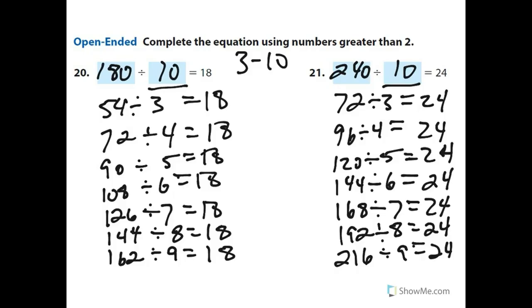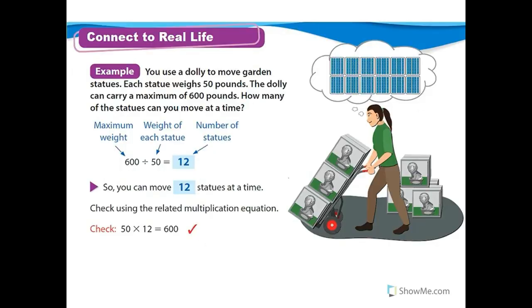Alrighty, well, let's connect this to real life. In our example, you use a dolly to move garden statues. Each statue weighs 50 pounds. The dolly can carry a maximum of 600 pounds. How many of the statues can you move at a time? So the maximum weight, 600.